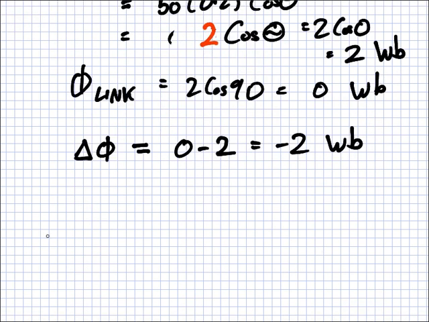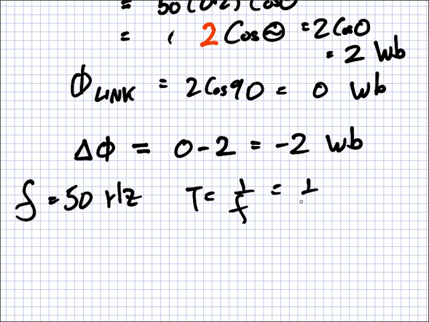If you look here, this is rotating in a circle, and I give you the frequency. The frequency is 50 Hertz. So you know the time is 1 over F, which is 1 over 50, which is 2 over 100, which is 0.02 seconds.